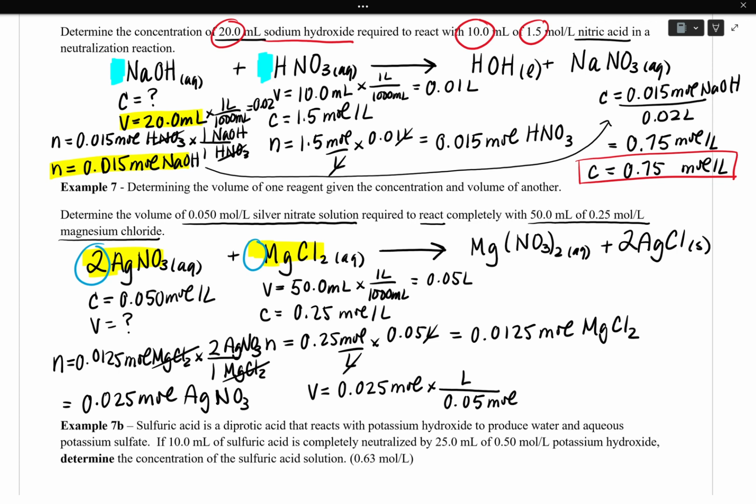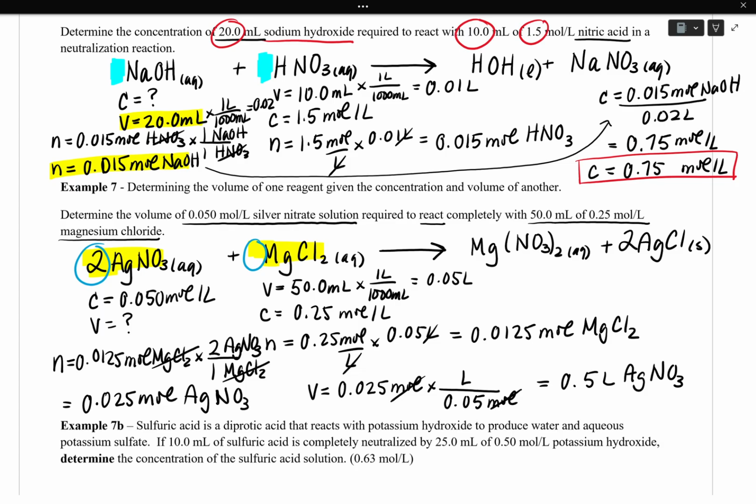So we're going to divide by 0.05. And now our volume is going to be 0.5 liters of AgNO3.